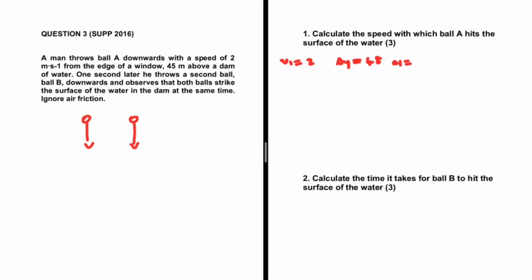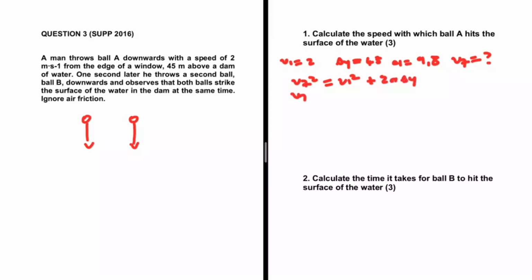The acceleration is 9.8. We're interested in the speed at which ball A hits the surface of the water, so we want to find VF. With these four variables, we can say that VF squared is equal to VI squared plus 2A delta Y.